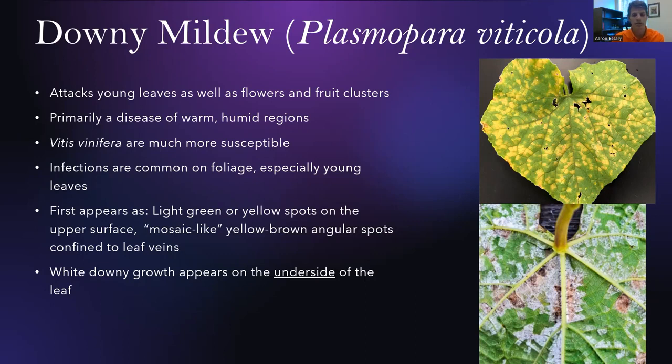They first appear as light yellow mosaic-looking spots on the top side of the leaf. But if you flip the leaf over, you'll see that white mycelium, that is the fungus. That's downy mildew, and that's the giveaway. Powdery mildew will be white across all parts of the grape, but downy mildew will only appear on the underside of the leaf.